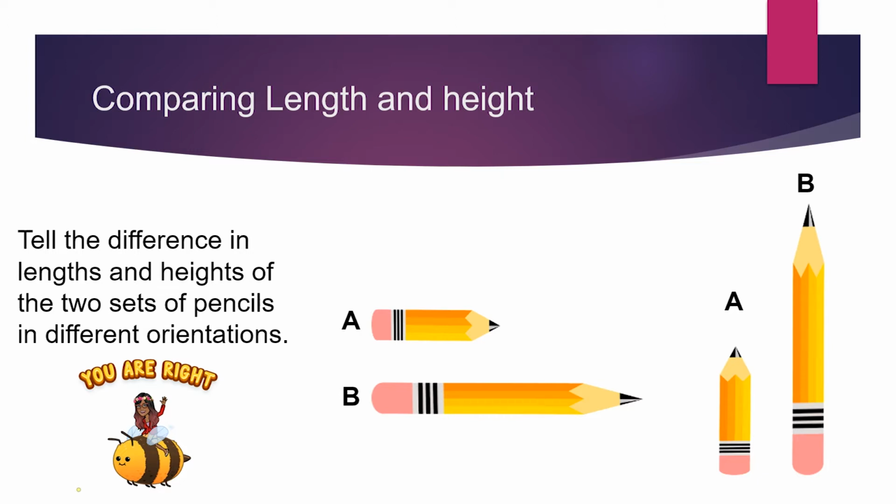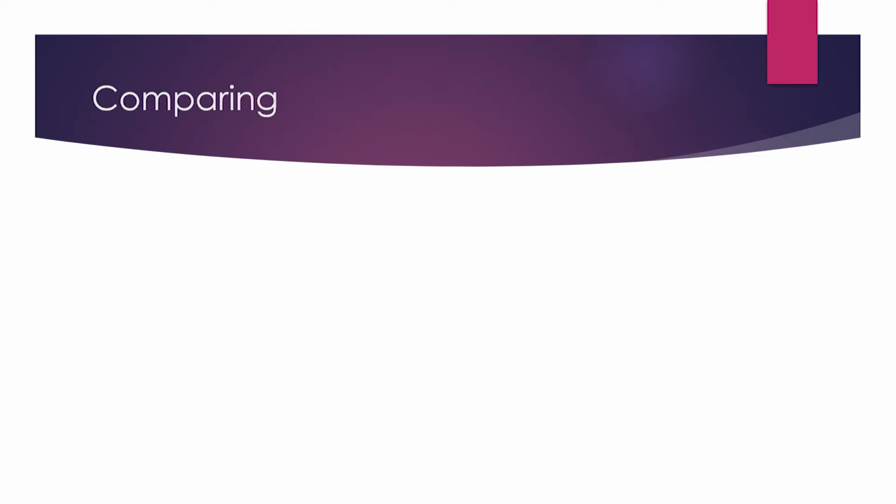Now we can compare them. To compare lengths or heights, or to find which object is longer or shorter than another, the objects must start at the same place. When measuring height, start from the ground and measure up.